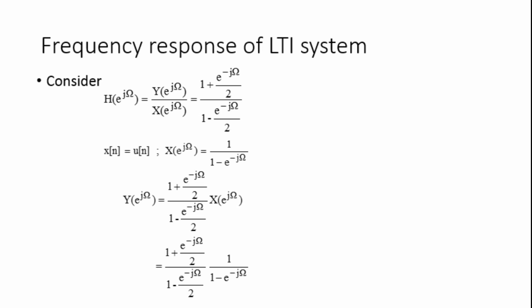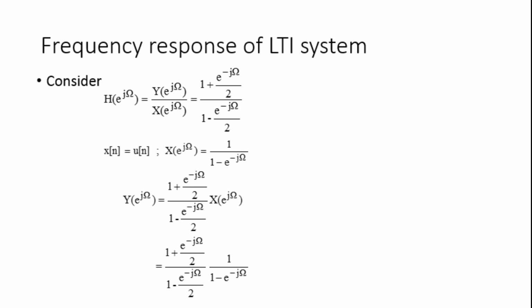Next, consider H of e power j omega is equal to Y of e power j omega divided by X of e power j omega, which is equal to 1 plus e power minus j omega by 2 divided by 1 minus e power minus j omega by 2.